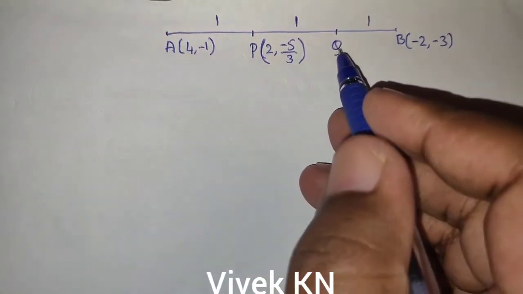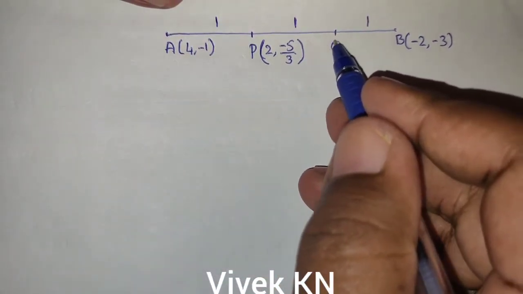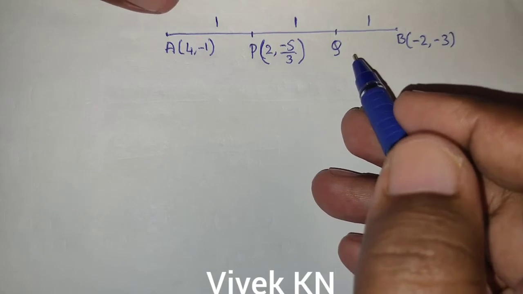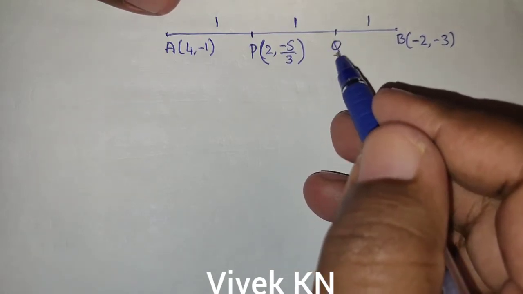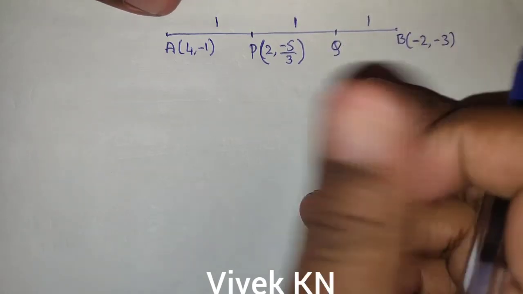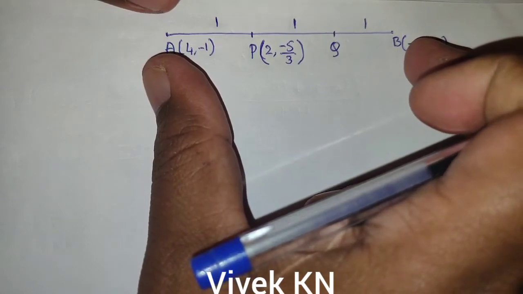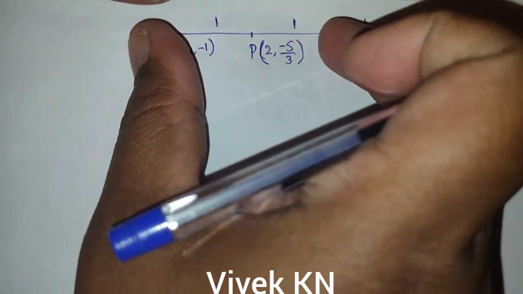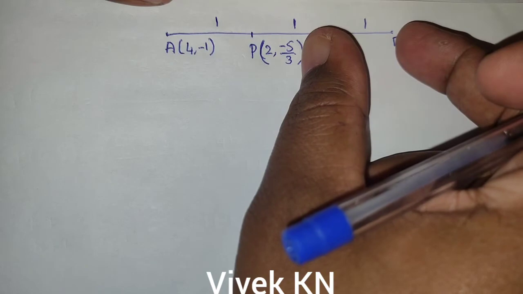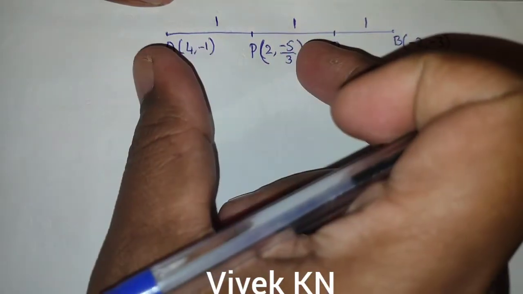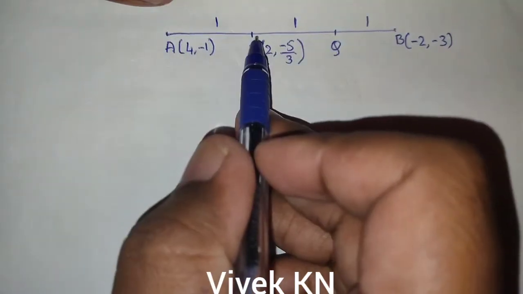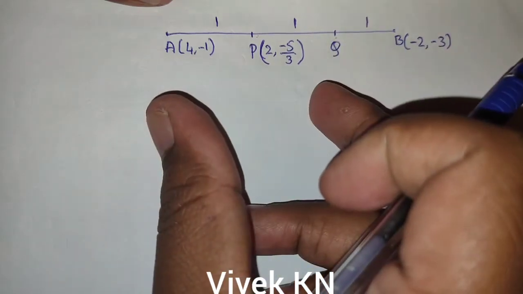Now we have to calculate the coordinates of the point Q. Here the point Q divides the line segment AB internally in the ratio 2:1. That is, we have to add both the distances between AP and PQ together.